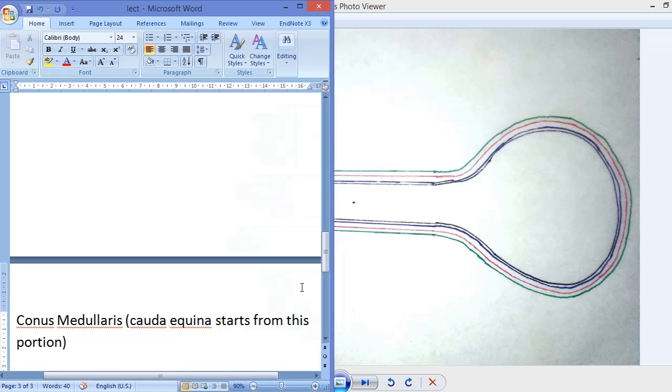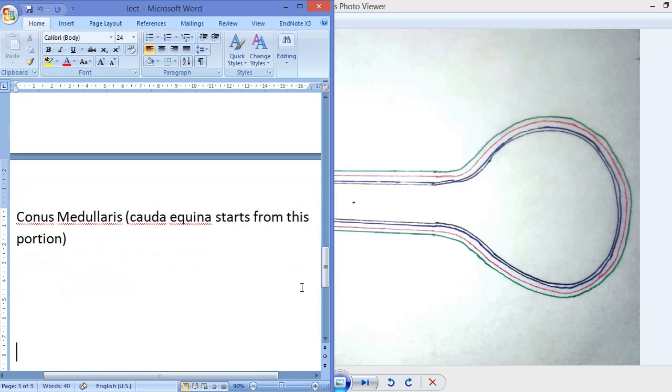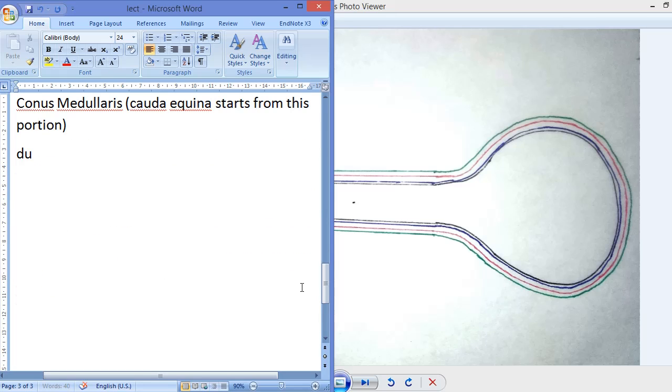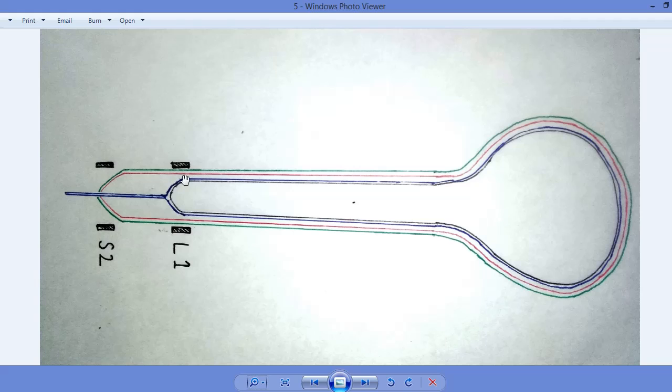I am going to write each and every terminology over here. Dural sac is a sac-like structure made by the dura mater and the arachnoid mater below the conus medullaris, and this dural sac exists from L1 to S2, sacral 2, of the vertebral column.